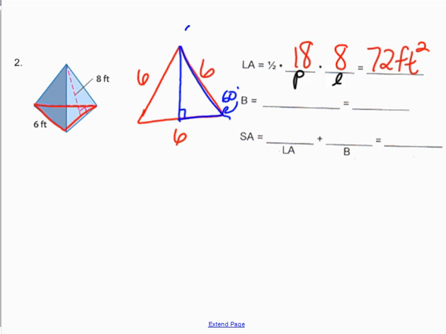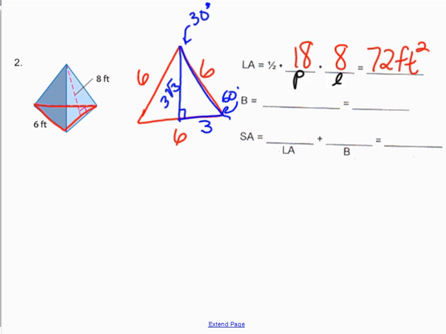So that makes this angle right here 30. We've got a 30, 60, 90 right triangle. So now I can figure out what that height is. This is 3, so this height has to be 3 radical 3. Why did I do that?